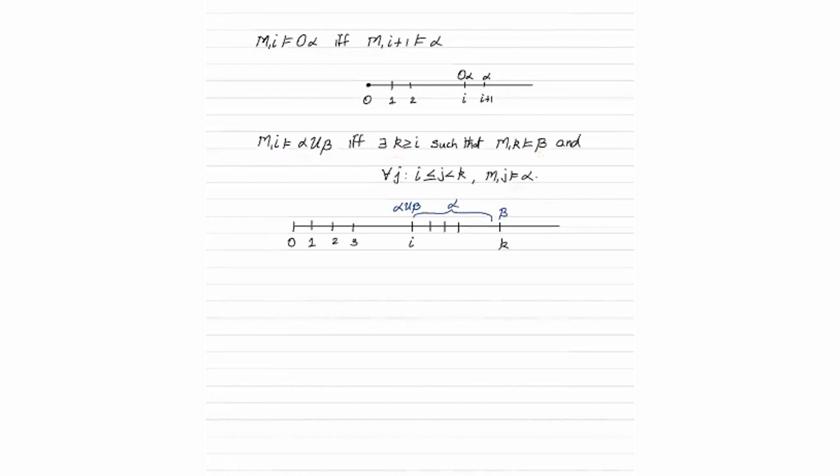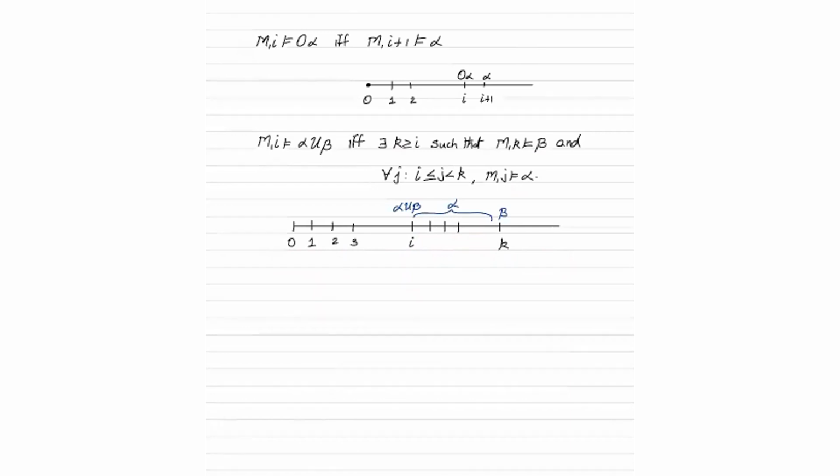Think of this picture: you have a timeline, and at every point you have a valuation. We are making an assertion at this point I. Alpha until beta holds here if there is some point in the future where beta holds, and everywhere in between alpha holds. In some sense, alpha is invariant till you satisfy beta.